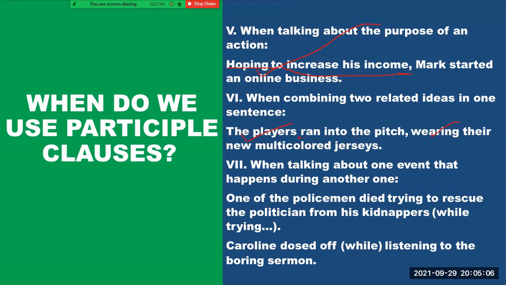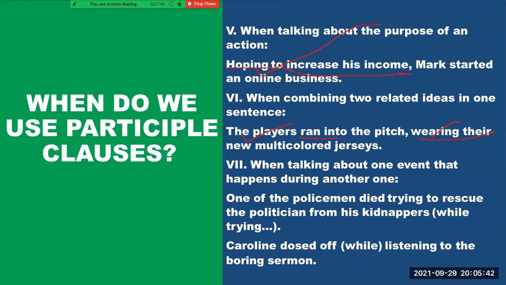Now, there are two actions, running into the pitch and wearing their new multicolored jerseys. So when we want to combine two related ideas in one sentence, it could be two related actions, such as running into the pitch and wearing their new jerseys. Now we are combining them together in a very precise manner. Then we can use a participle clause to achieve this objective.